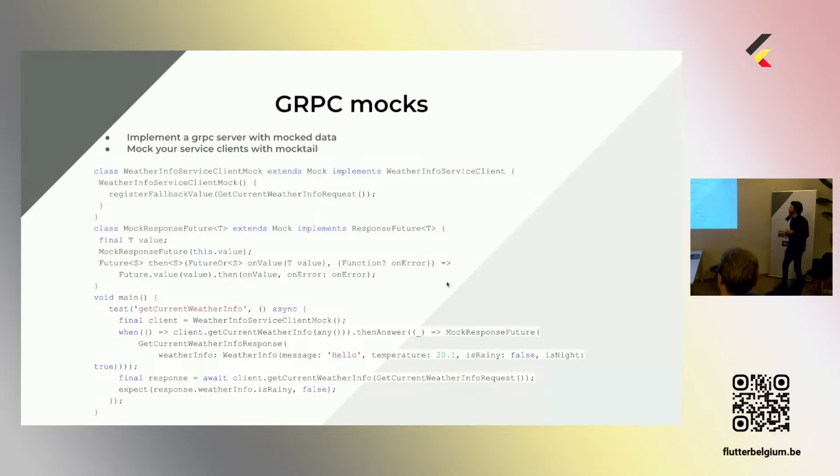So how are you going to do that? It's actually possible with Mocktail. Here's an example of how to mock the response future and the client, and then you can say, when this call is executed, this has to be returned, and do your tests and so on. So it's possible.